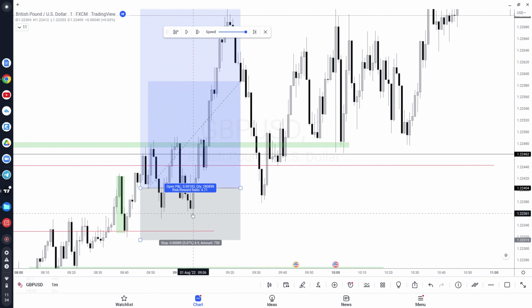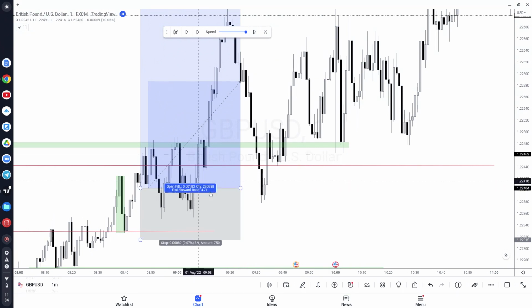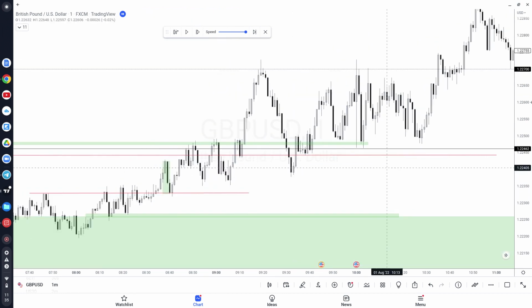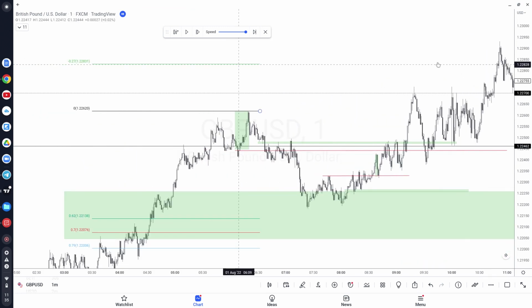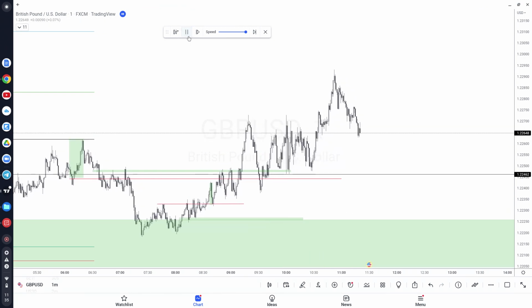Series of down close candles. Price expands. Once price clears that high, you could just wait and enter at this fair value gap right here. Here it is. But ultimately we reach that 27 extension level, and you see price responds to that right away.